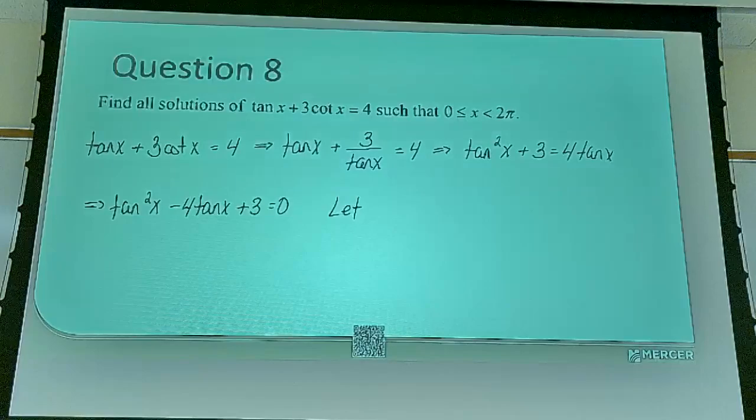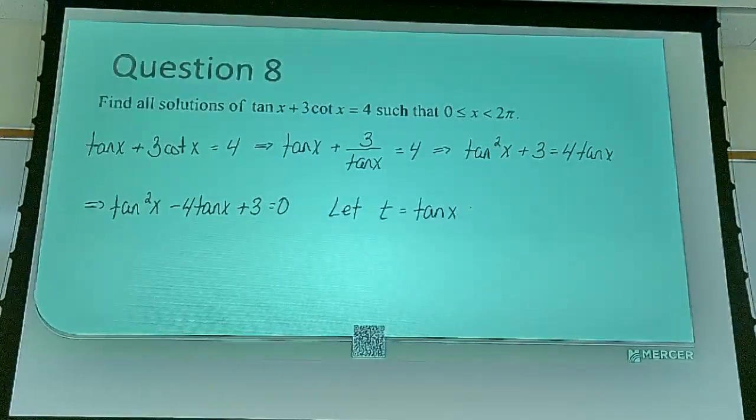Replace tangent of x with t. Does that factor?